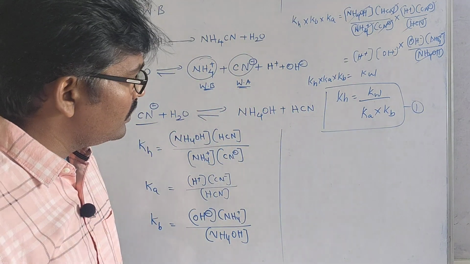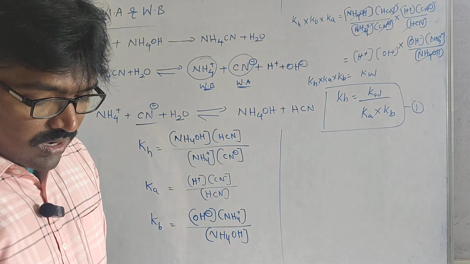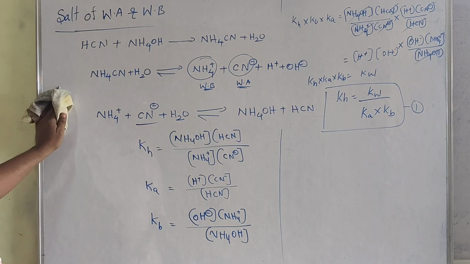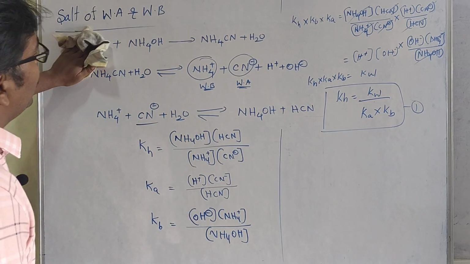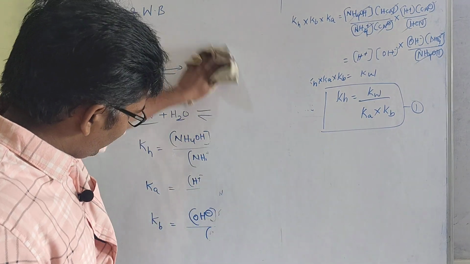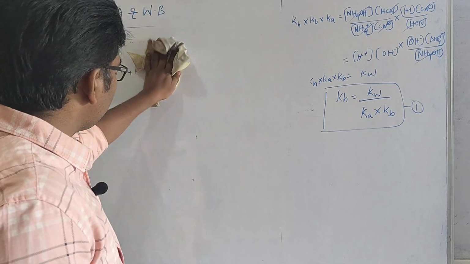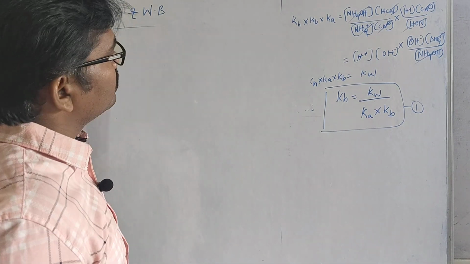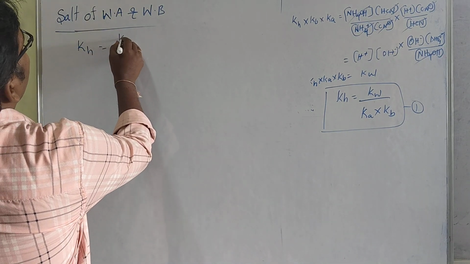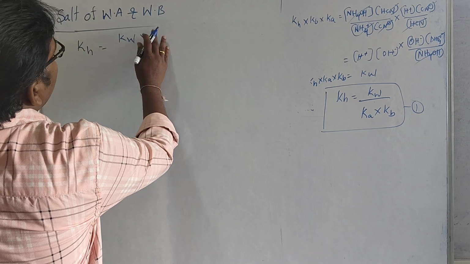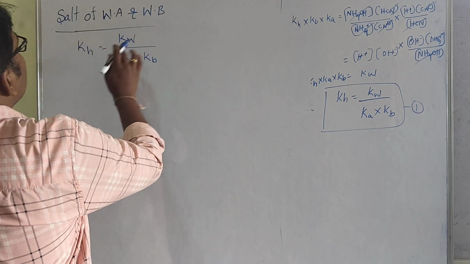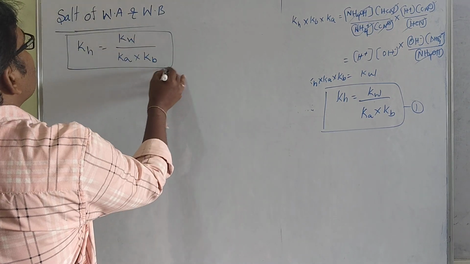Now, how to find the H plus ion concentration for this? One of the equations we found is KH equals Kw divided by Ka into Kb for this particular salt.